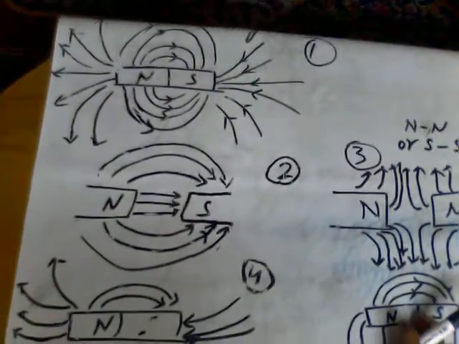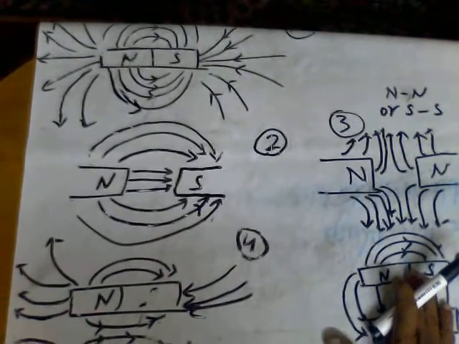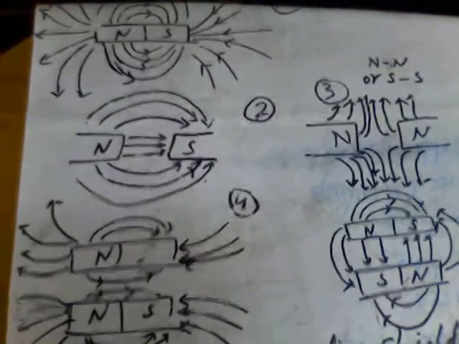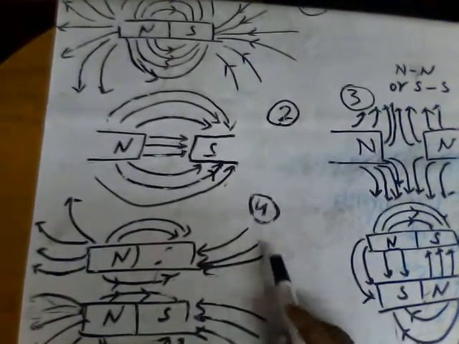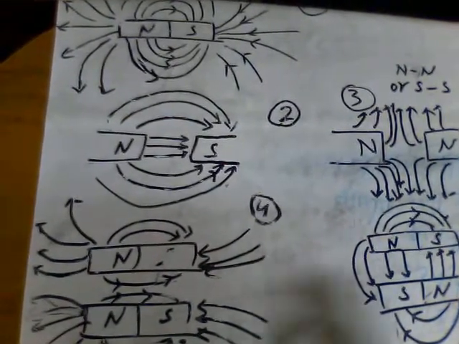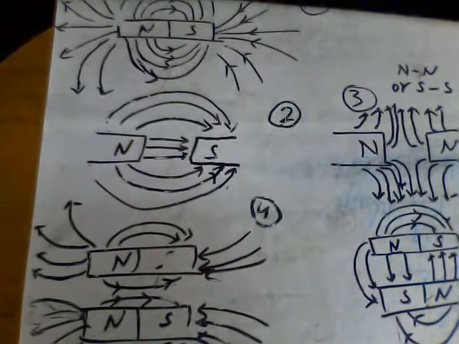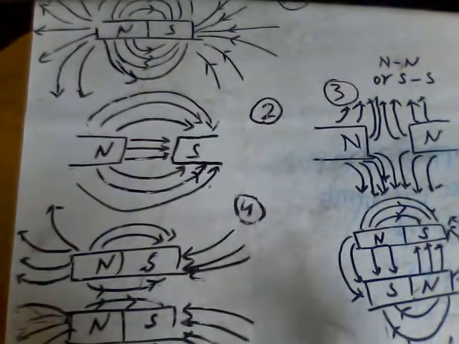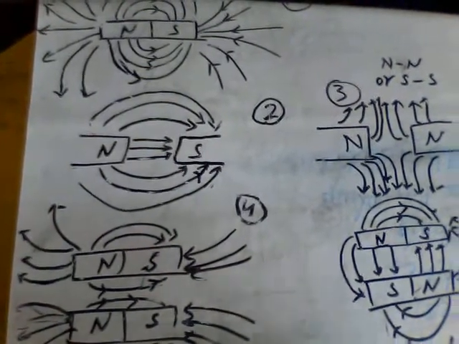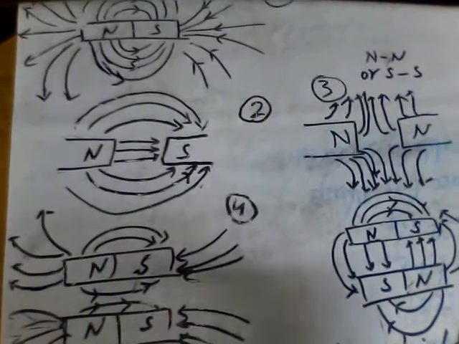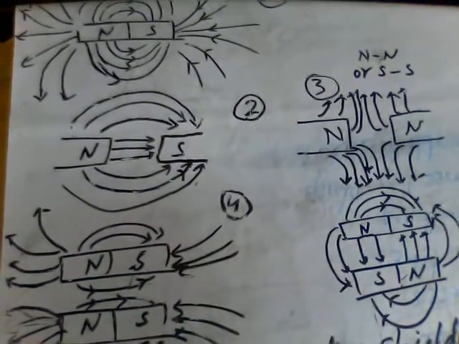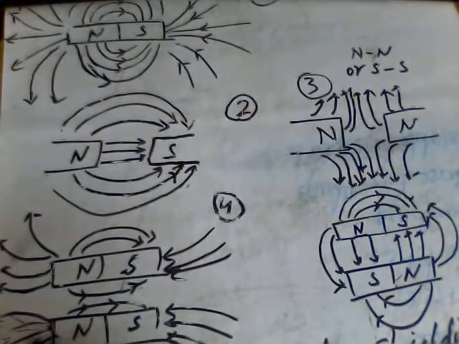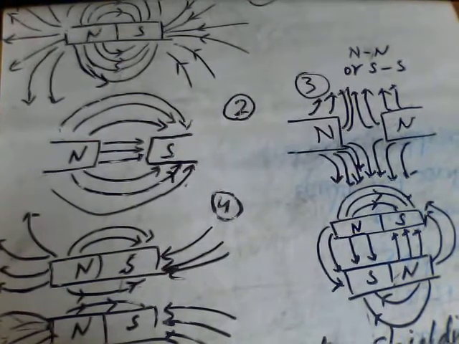Now the third and fourth cases, when these two magnets are placed parallel to each other. In the fourth figure, two magnets are placed parallel to each other, with their north poles in front of each other and their south poles parallel to each other. Again, the lines of force will be generated from the north pole to the south pole.